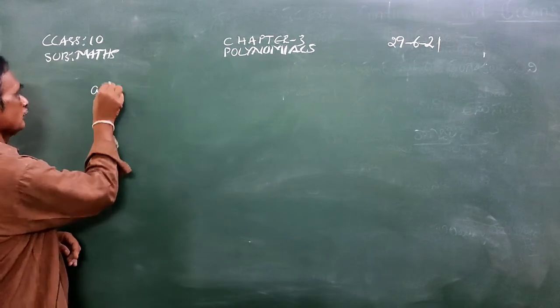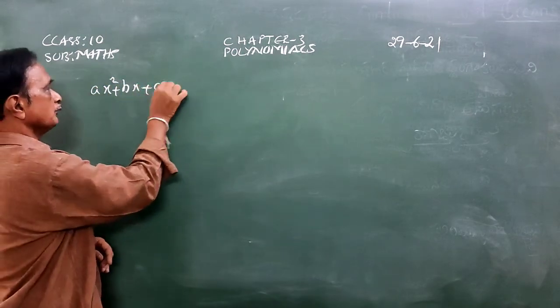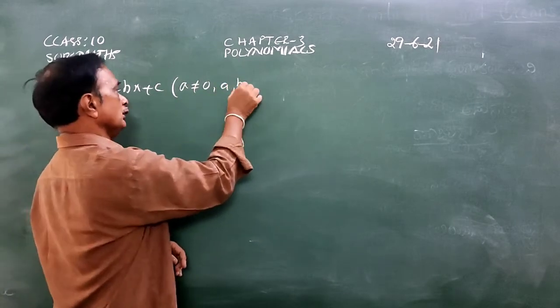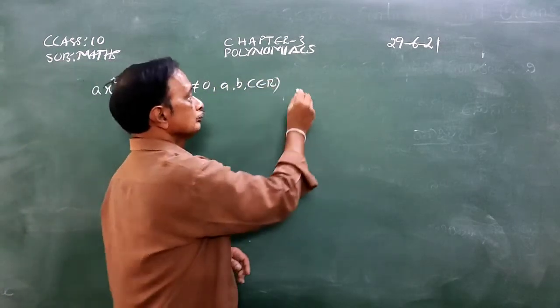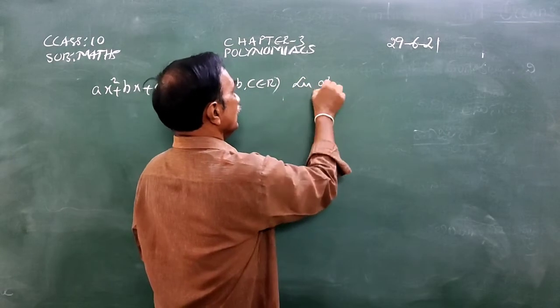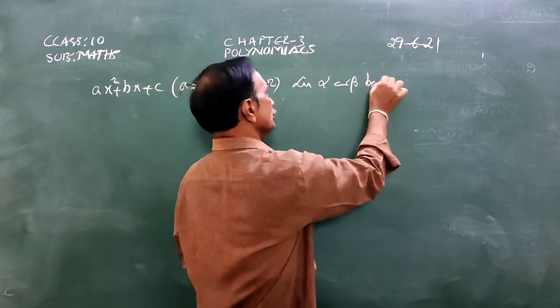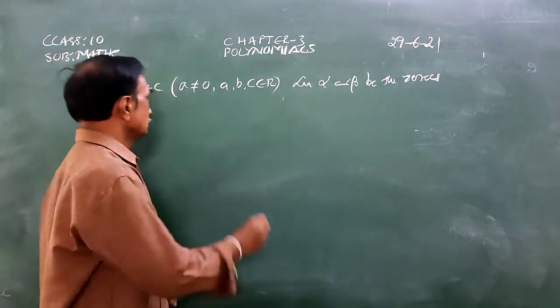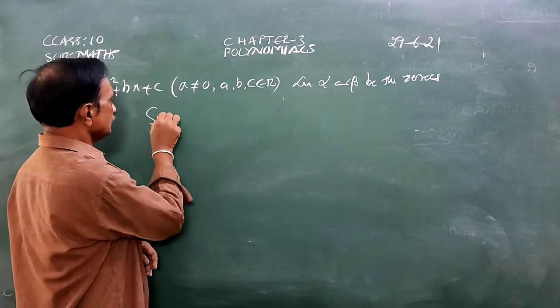So ax square plus bx plus c is the general form of a quadratic polynomial where a is not equal to 0, and a, b, c belong to real numbers. Let alpha and beta be the zeros, and we proved the sum of the zeros.